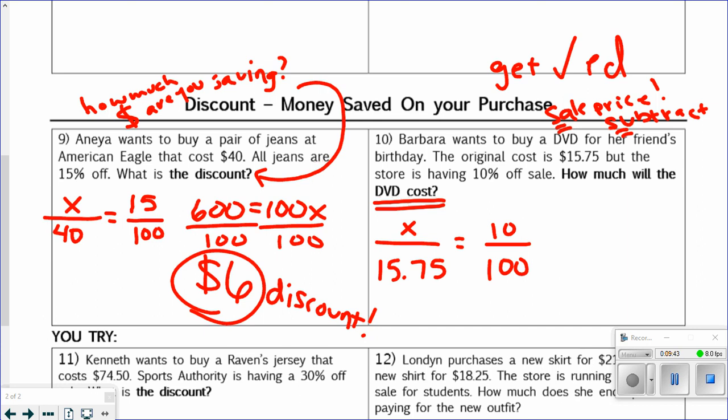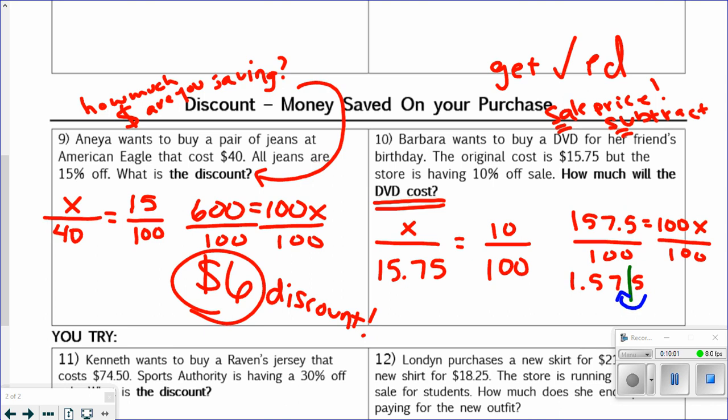So $15.75 times 10 equals 100x. We're going to divide by 100, and we get 1.575. Now, we have to round, so the 5 in this case will bump up the 7, to be $1.58. And that's my discount.